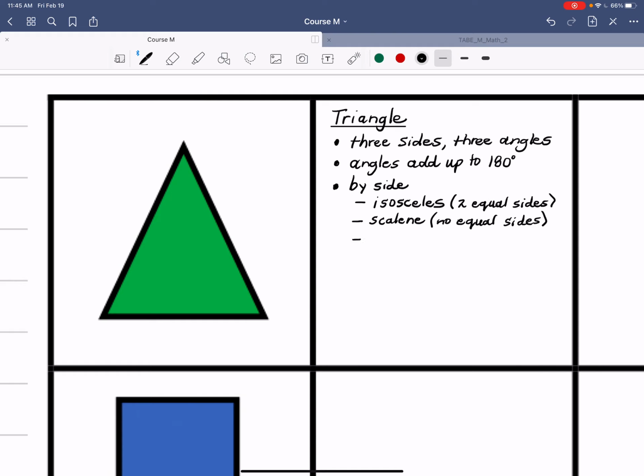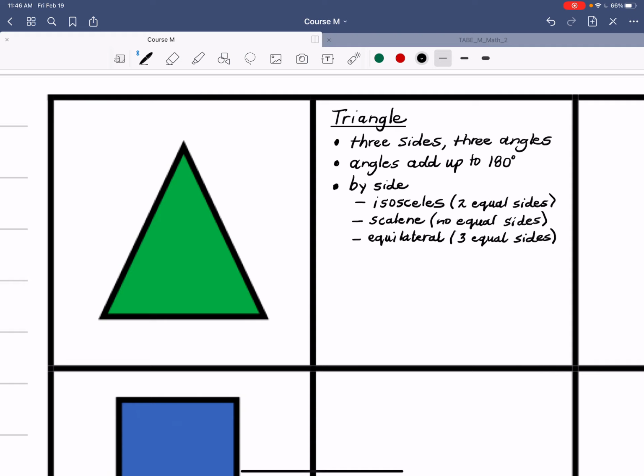And then an equilateral triangle. Equa means equal. Lateral is side, so that one gives you a clue. Equilateral is equal sides. Has three equal sides. So you can name your triangle by its sides.